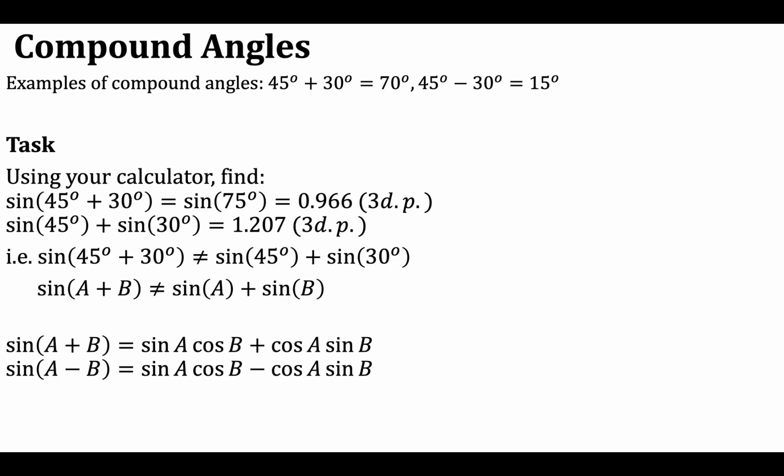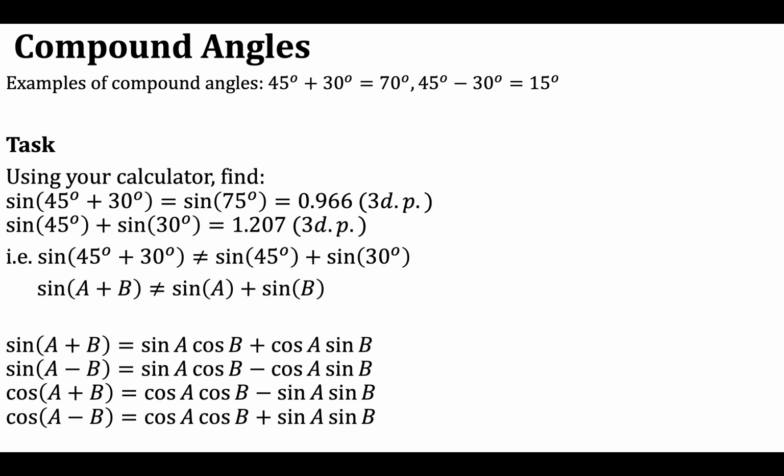So we've seen the two expansions here for the sine of compound angles. What about the cosine of compound angles? So firstly, cos of a plus b is equal to cos a cos b minus sine a sine b. And for cos of a minus b, we've got cos a cos b plus sine a sine b.